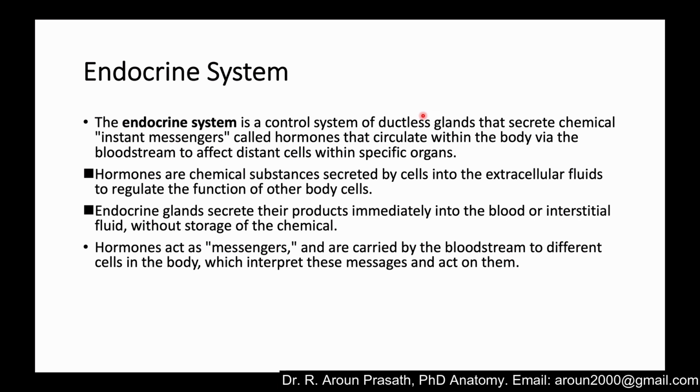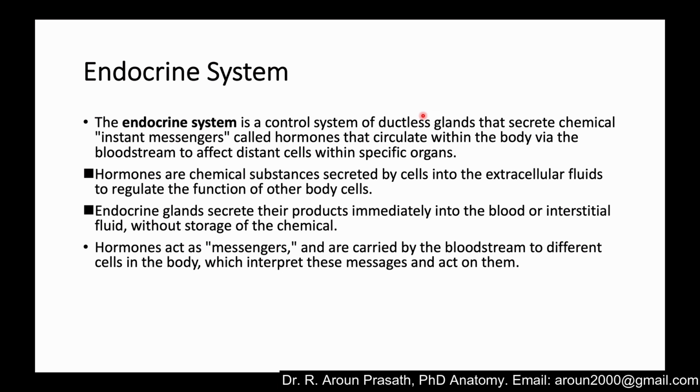They don't have any ducts. We call those endocrine glands. But there are glands which do both functions: the secretion goes into the bloodstream as well as comes out through a duct. We call those glands heterocrine glands.